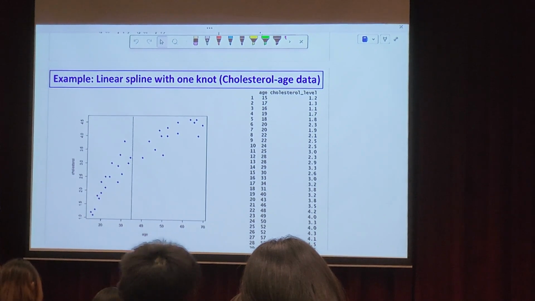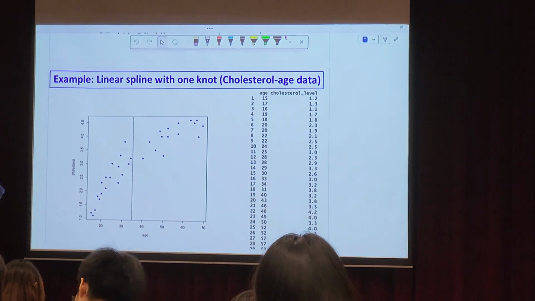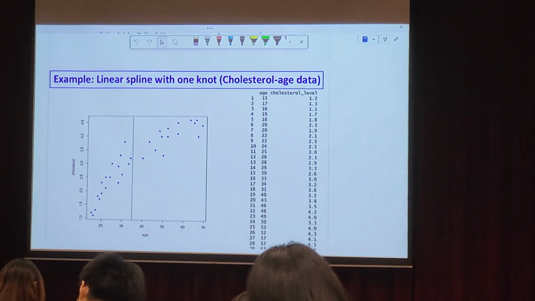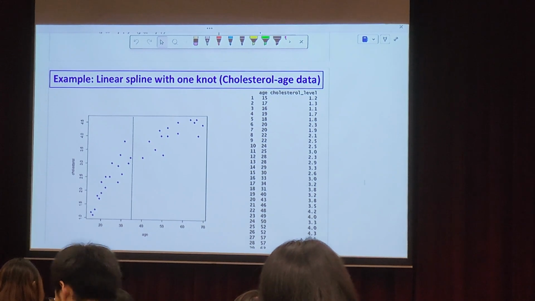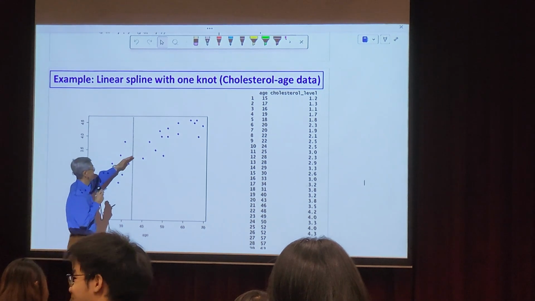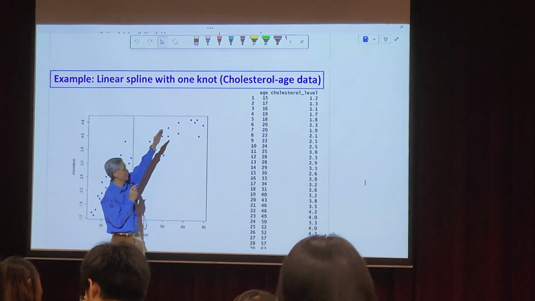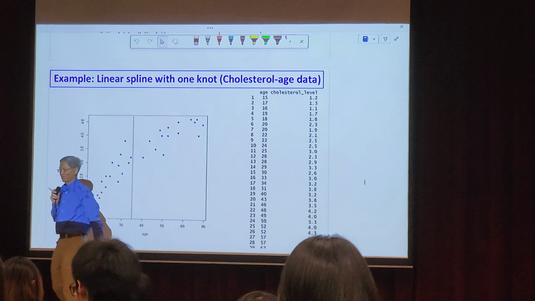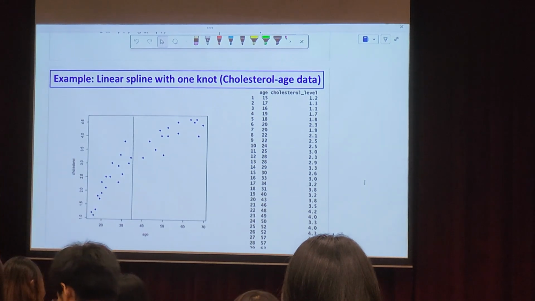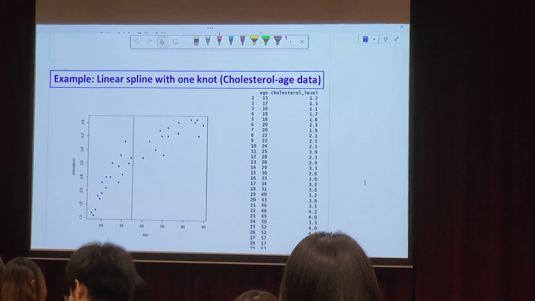Because if you fit a quadratic model, eventually, as you age further, your cholesterol level will go down, which is not true, right? At least if I fit a straight line model, my cholesterol level will go up and up until I reach the heaven. So that's what happens to everyone one day, right?